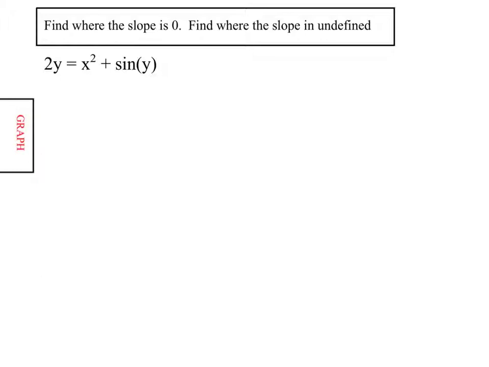One more time, let me do one more derivative here. So derivative of 2y is 2 dy dx. Derivative of x squared is 2x. And derivative of sine y is cosine y dy dx. So we get the dy dx stuff on the same side.